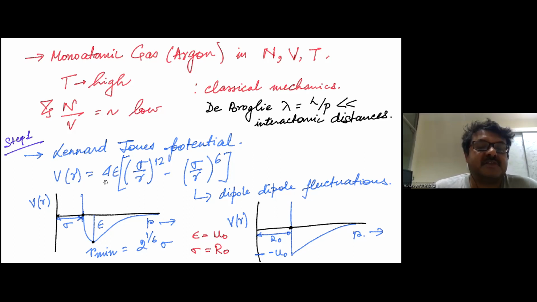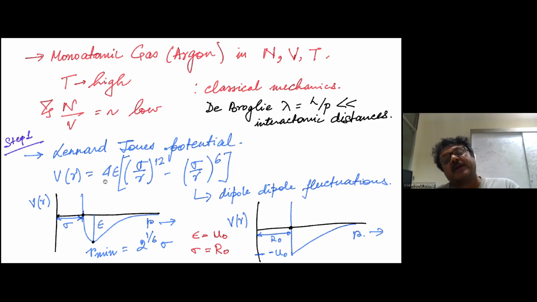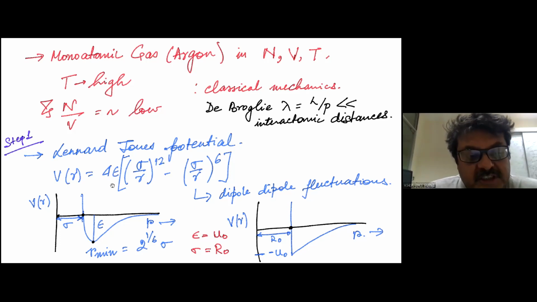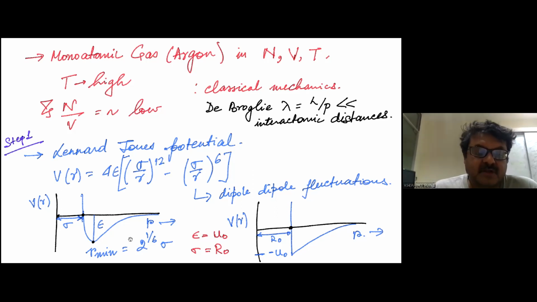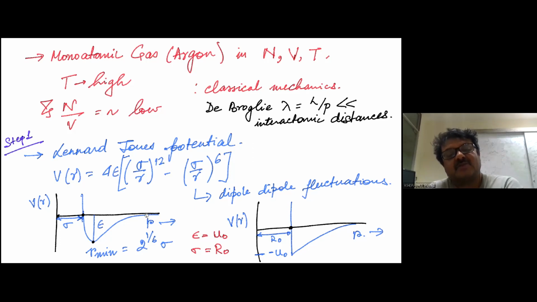It's a matter of convenience, and hence it has become a convention that the Lennard-Jones potential is written as V of r equals 4 epsilon in this manner, where, as I said before, this is added, and this really comes from dipole-dipole fluctuations. It's a relatively short range potential, because as soon as r becomes greater than 3 sigma, the value of the potential becomes very close to 0.